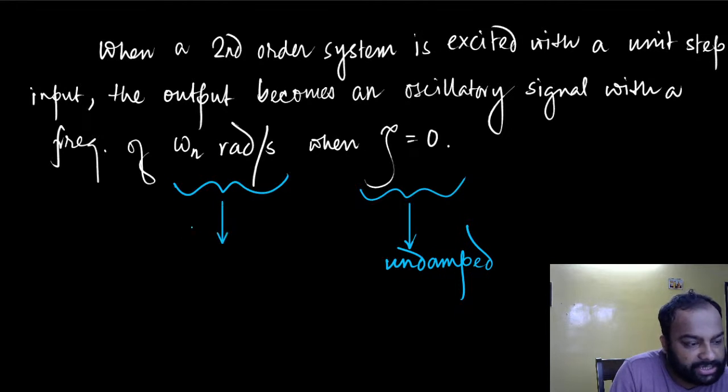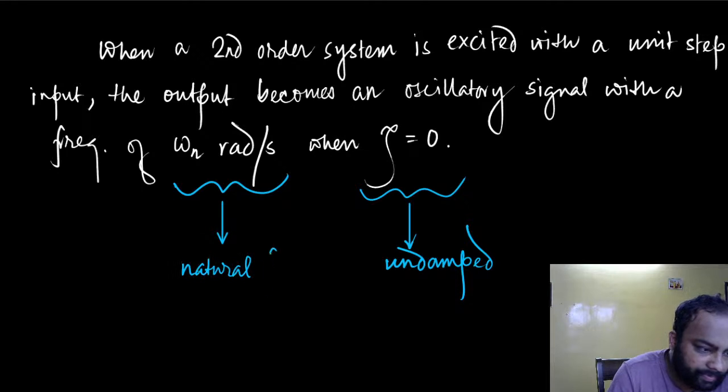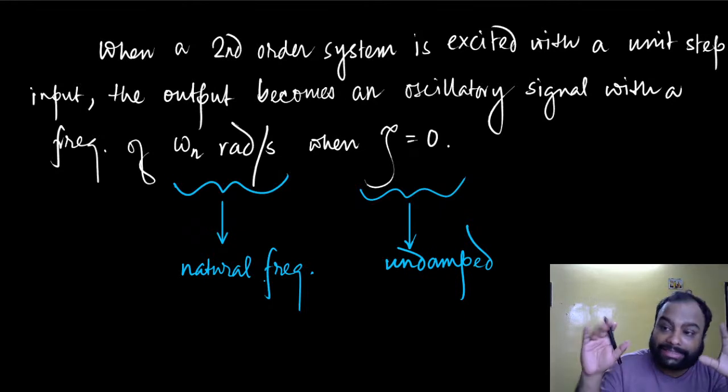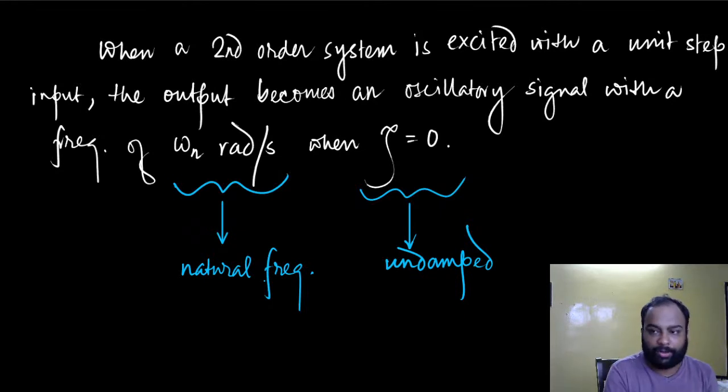So this frequency is known as the natural frequency. The term natural, I'm going to vaguely tell you, is because it naturally oscillates at that frequency. What I mean by natural will be discussed later on. Just keep in mind that the response of the system turns out to be oscillatory more or less naturally.